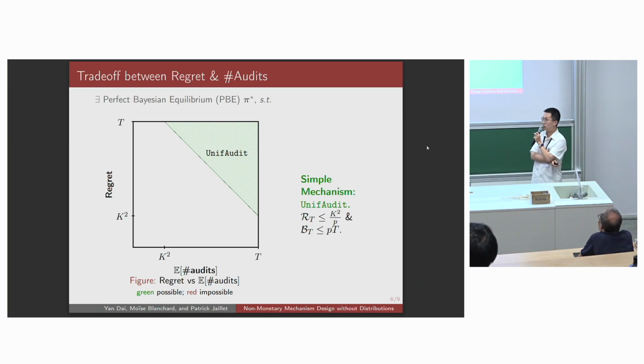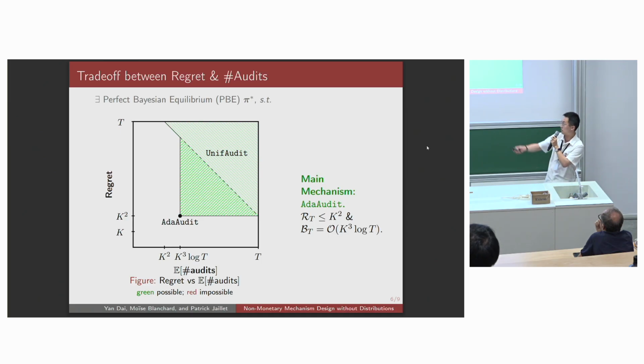You can do a linear interpolation, and the best case is square root of T and square root of T. But this is not super interesting, as we managed to design something really far away from this baseline approach. We designed something called ADA audit, and it achieves a constant regret that is completely independent of T, and also it only uses a logarithmic number of audits.